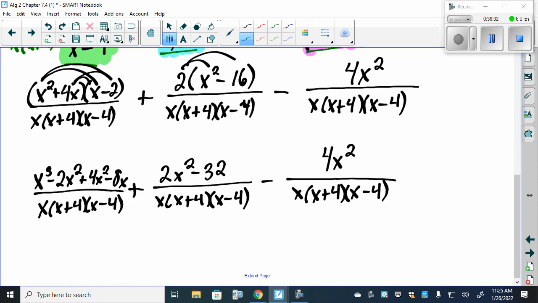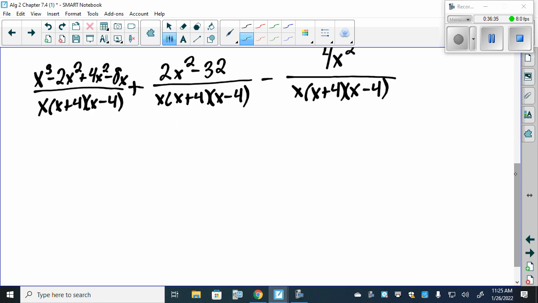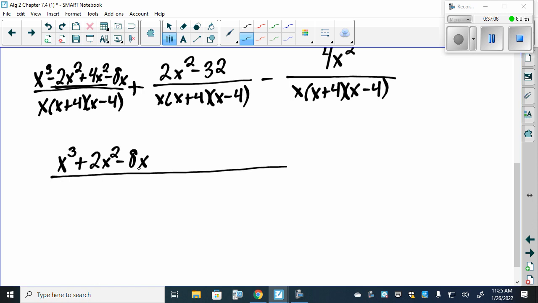Okay. Well, if we feel comfortable, we can go on and put these all in the same one and combine like terms at the same time for each individual one, not for the whole thing. So for the first one, we still have our x cubed, and negative 2x squared plus 4x squared, which is going to be plus 2x squared, minus 8x.